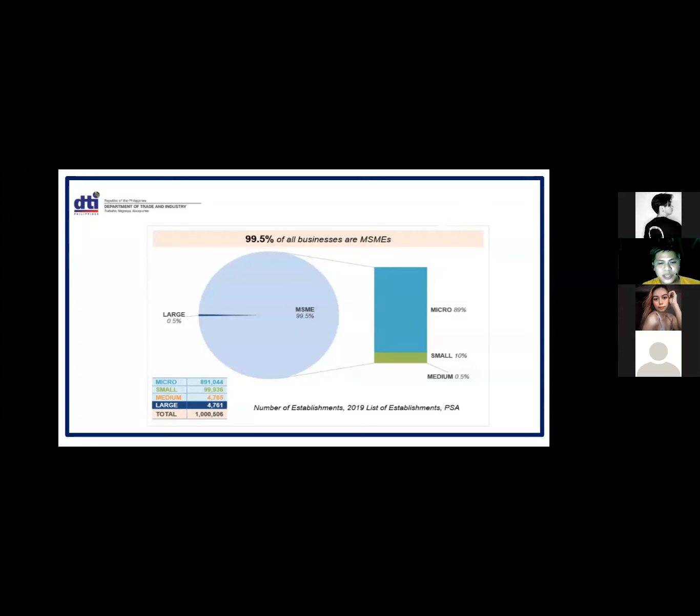Okay? And the reason why I wanted to emphasize the micro enterprises is because it is possible that from that 89%, some of you who are listening to me right now, it's possible to be part of that percentage soon. Okay?